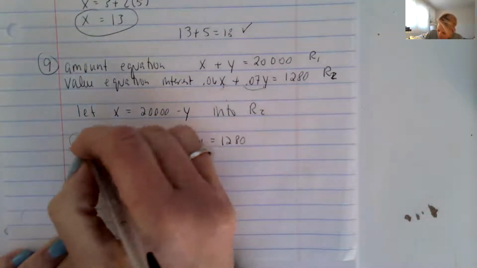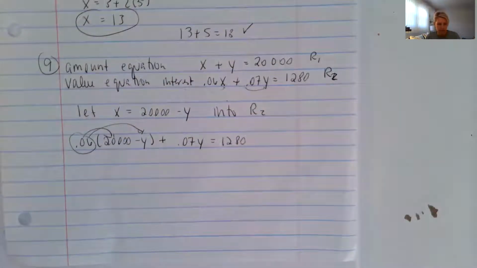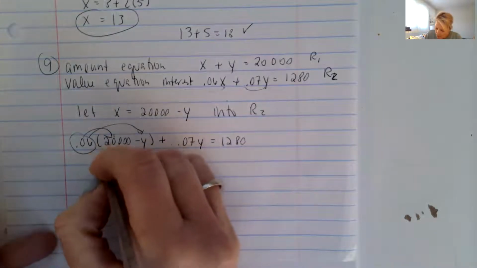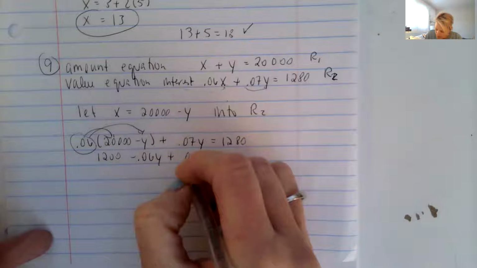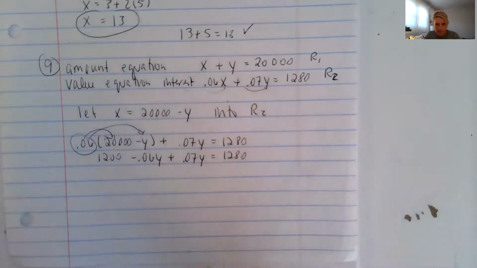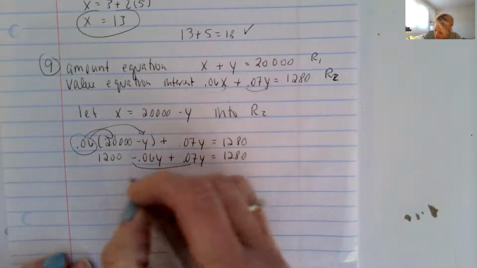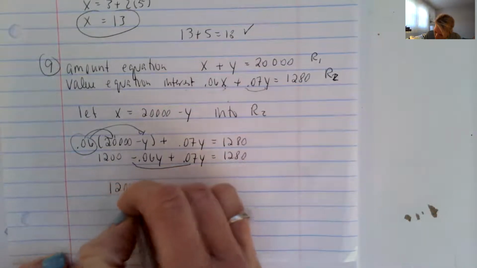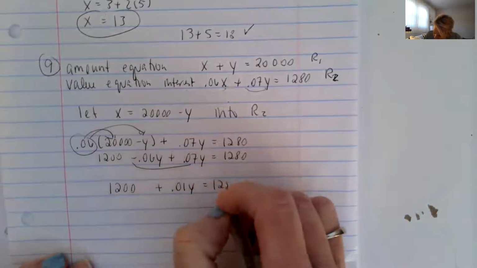So I have to distribute this 0.06 here. So 20,000 times 0.06. So we get 1200 minus 0.06Y plus 0.07Y equals 1280. So when you add those, you get 1200 plus 0.01Y equals 1280.